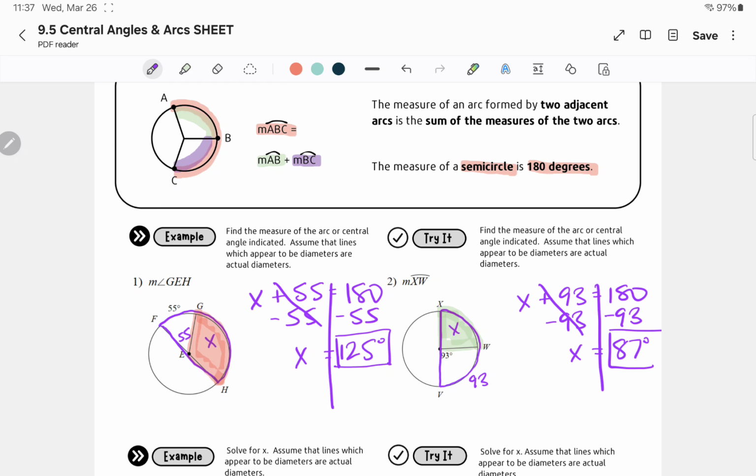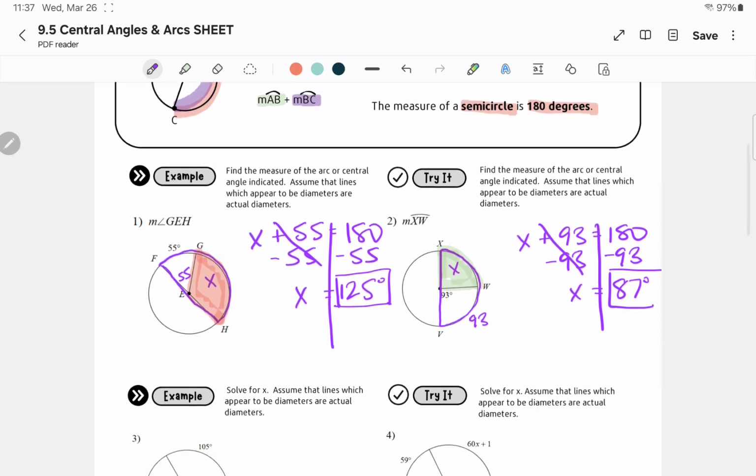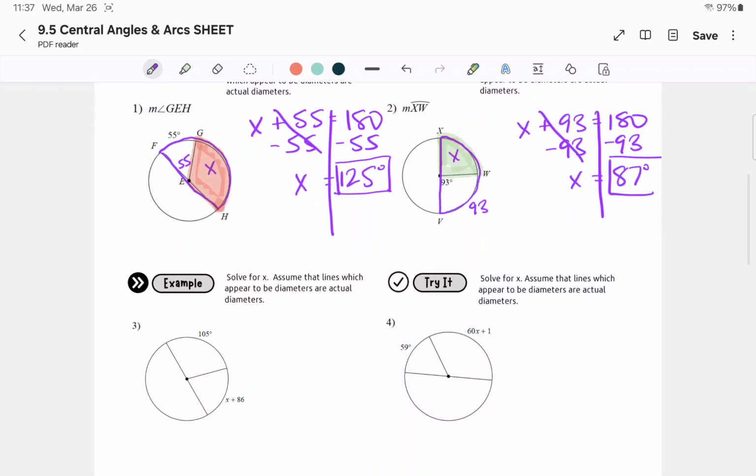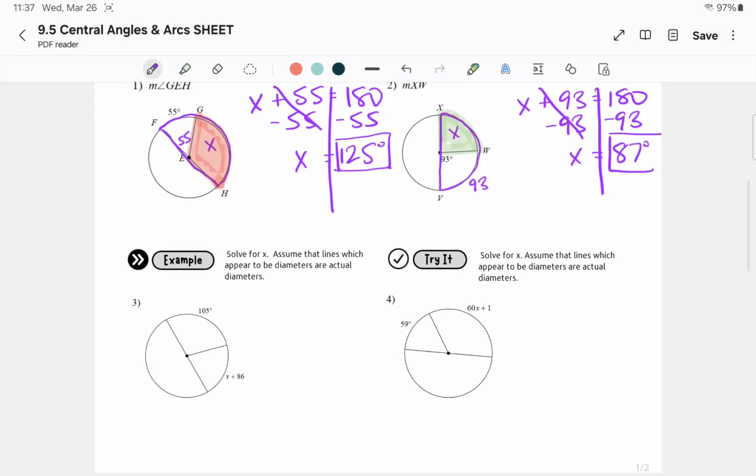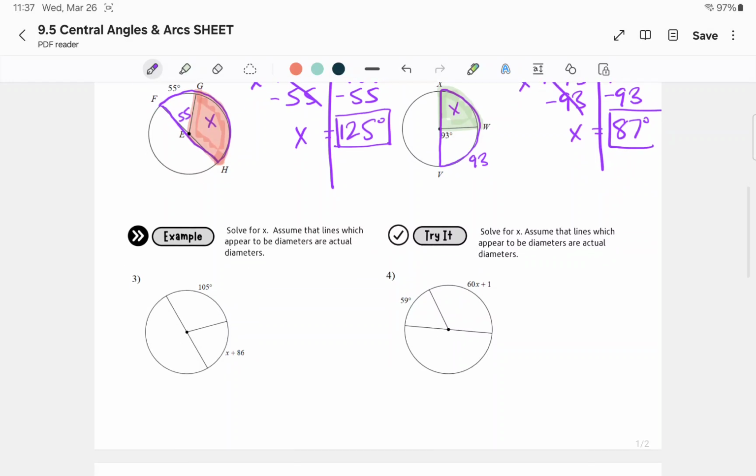All right, we're going to use the same kind of concept, except this time for 3 and 4, we have an equation because now we have an X involved. Or we kind of wrote in our own X's. This one's going to be more of an expression. So for number 3, now I see that this is a semicircle. So I know that 105 plus X plus 86 is going to equal 180.